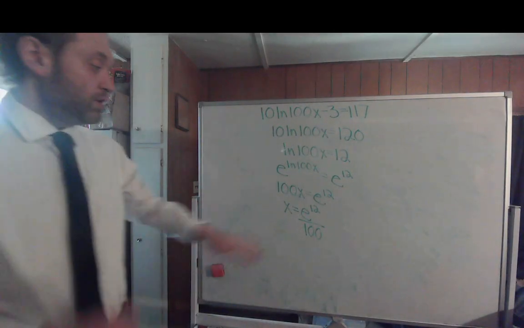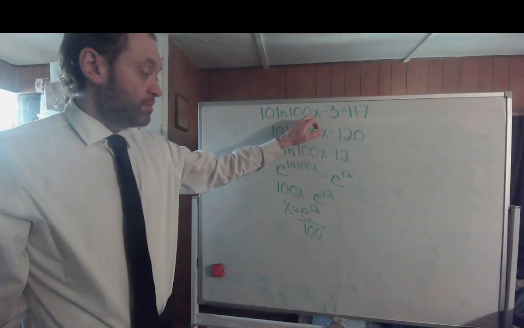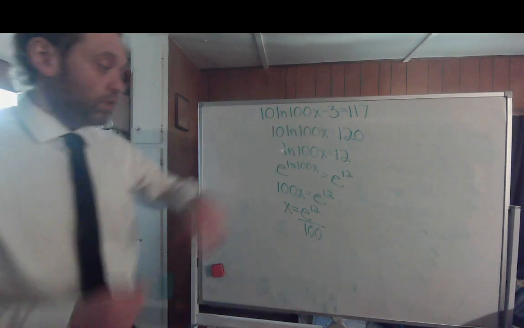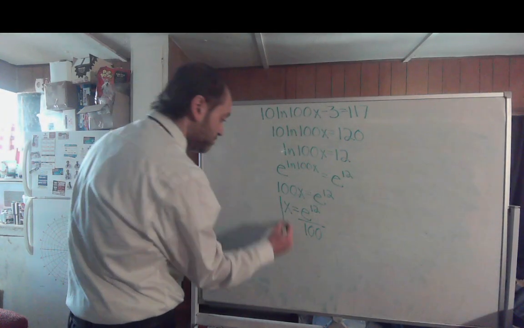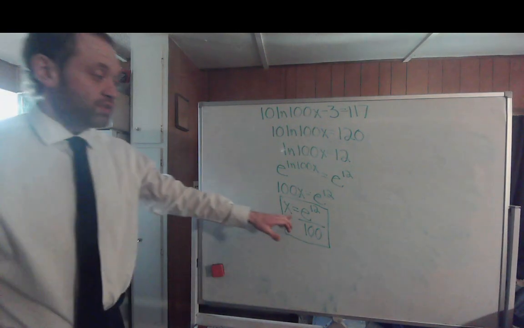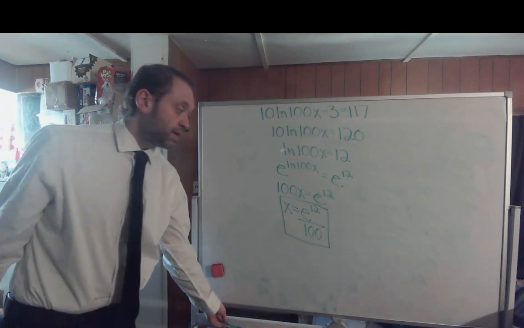And we know we're going to get a positive number, so this actually does work as our solution if we put it in. So the answer is x equals e to the 12th divided by 100.